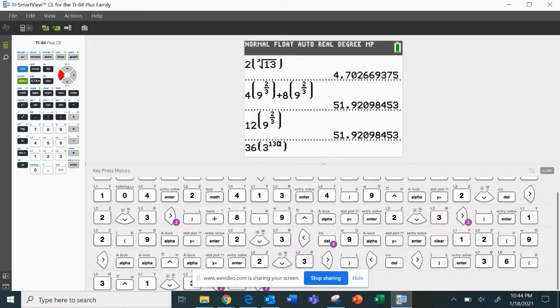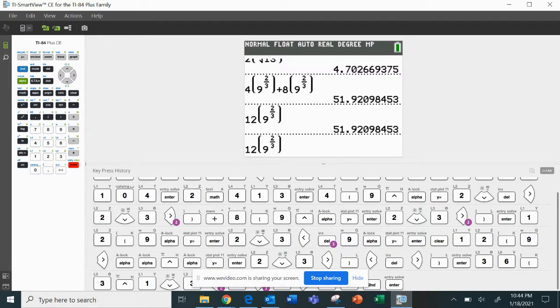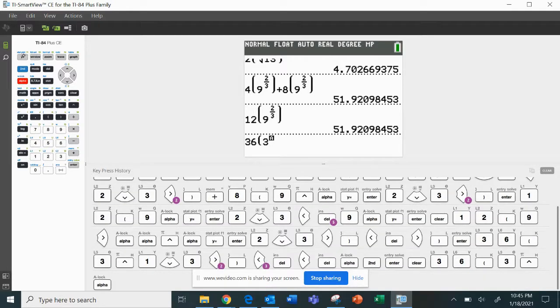I forgot to make it a fraction. 36, parenthesis, 3 caret, 1 over 3.